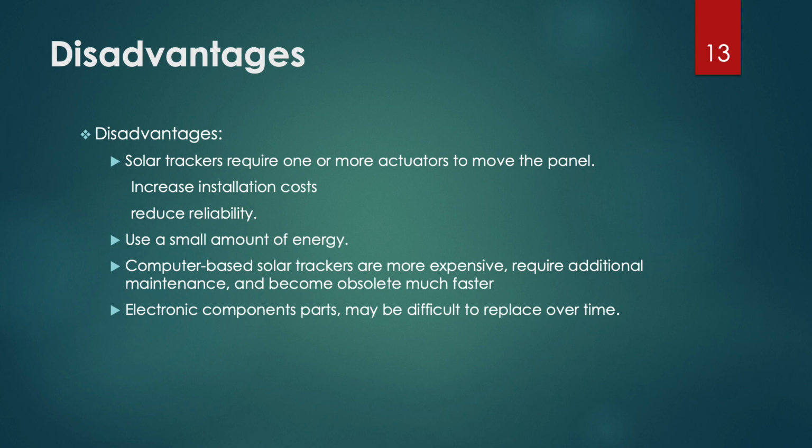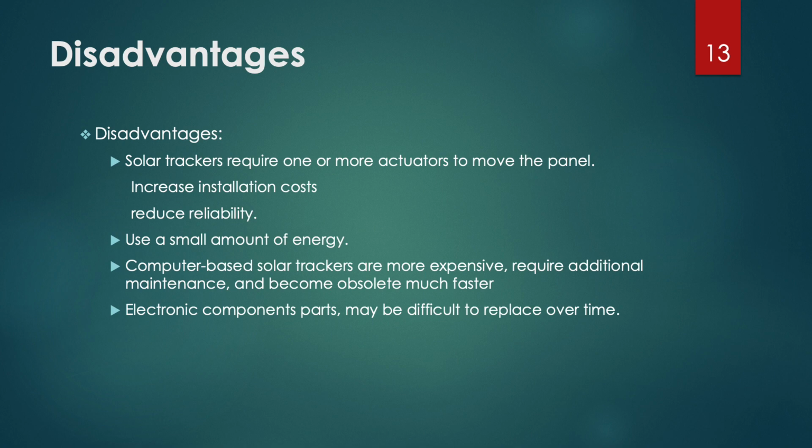A solar tracker is a good way to get more free energy. However, it also has its disadvantages. A solar tracker requires one or more motors to move the panel, and these additional moving parts increase the installation cost and reduce reliability.